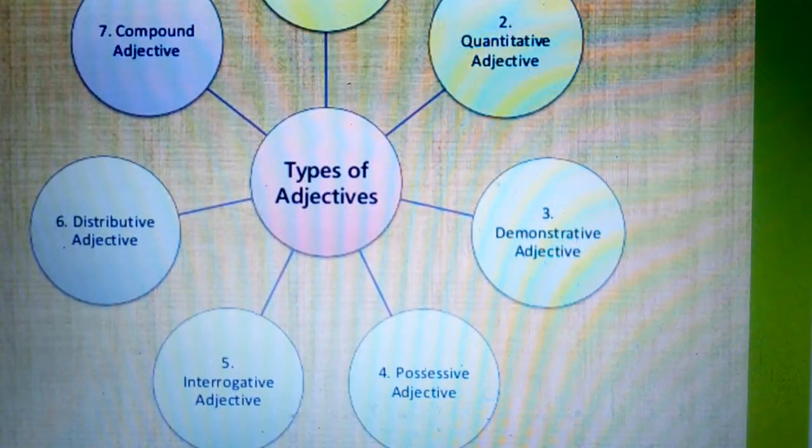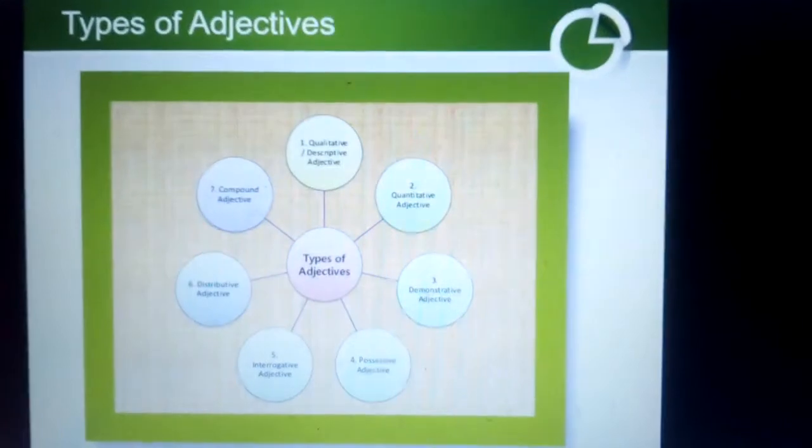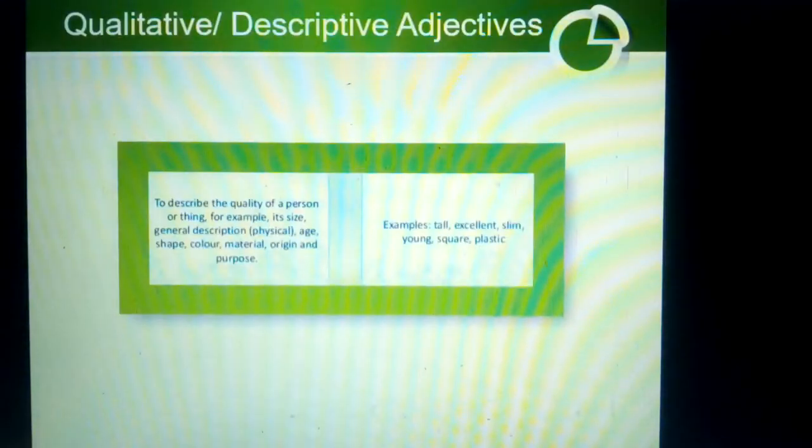And the fourth one is possessive adjective. Number 5 is interrogative adjective. And the sixth one is distributive adjective. And the last one is compound adjective. Now I am going to discuss these types of adjectives one by one.